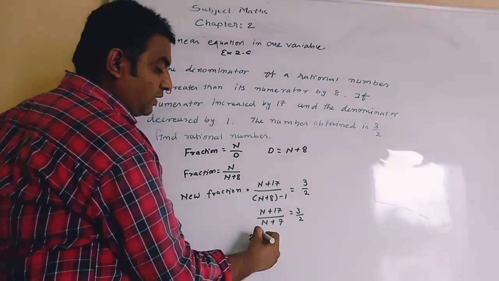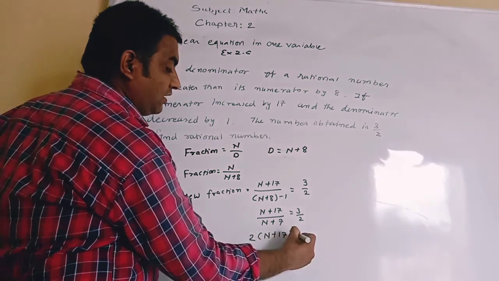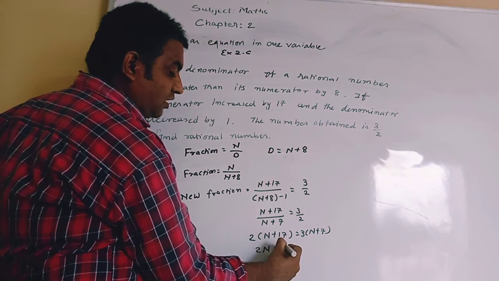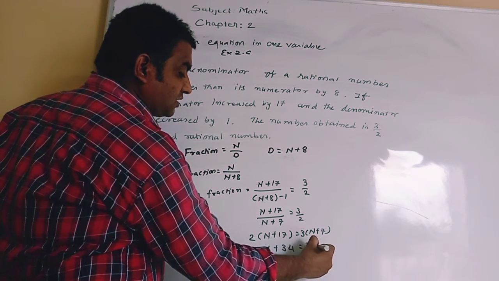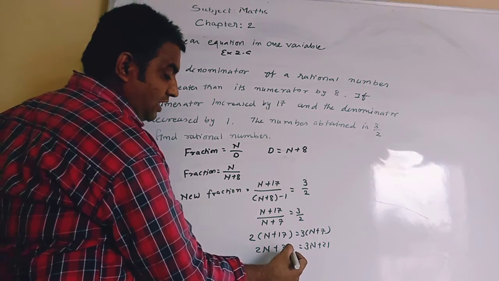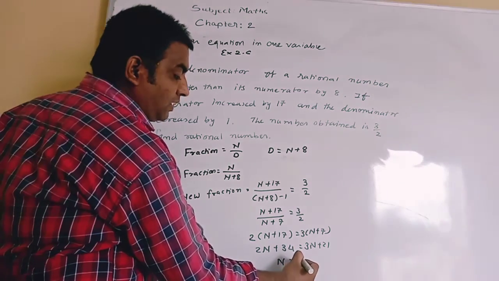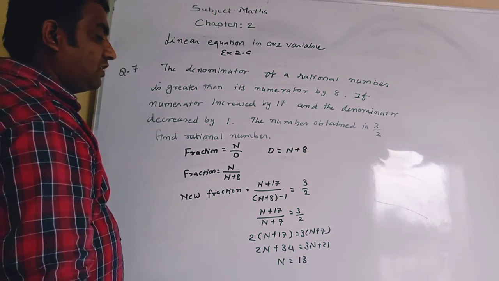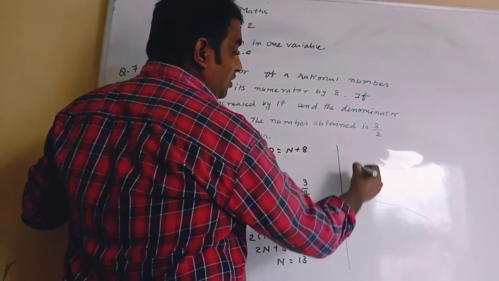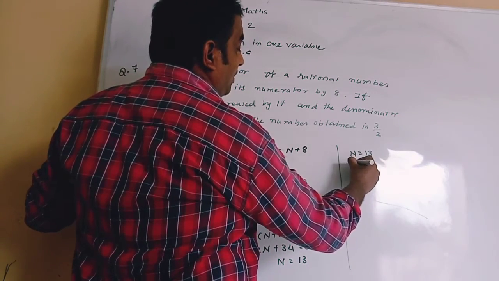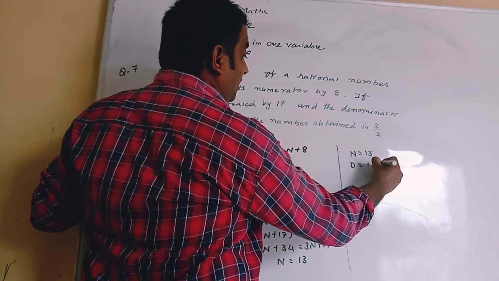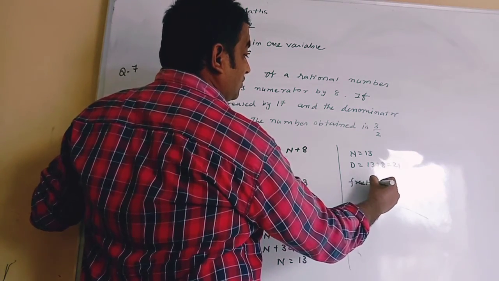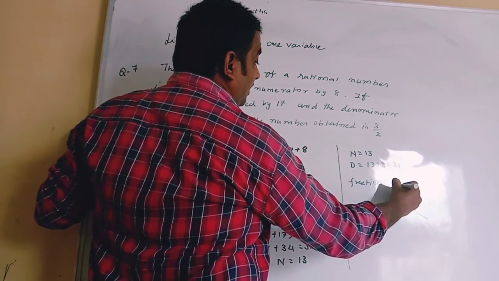We cross multiply, then 2 into (n plus 17) equals 3 into (n plus 7), so 2n plus 34 equals 3n plus 21. So 3n minus 2n is n, and 34 minus 21 is 13. So n equals 13, and so the numerator equals 13, the denominator equals 13 plus 8, which is 21, and so the fraction equals 13/21.